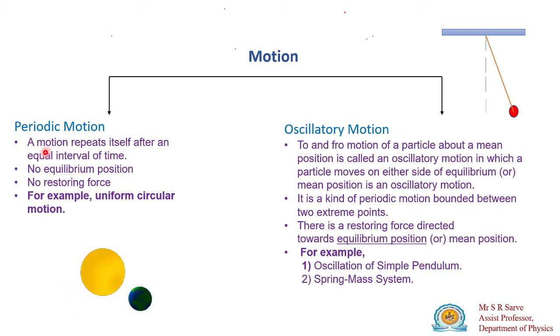Periodic motion means the motion which repeats itself at equal intervals of time. That means if any motion repeats again after a particular interval, then that motion is known as periodic motion. So here the earth is moving around the sun and the same motion is repeating after regular intervals of time, so such a kind of motion is known as periodic motion.